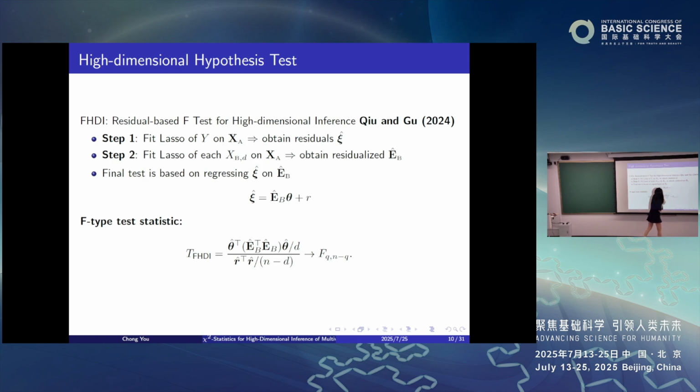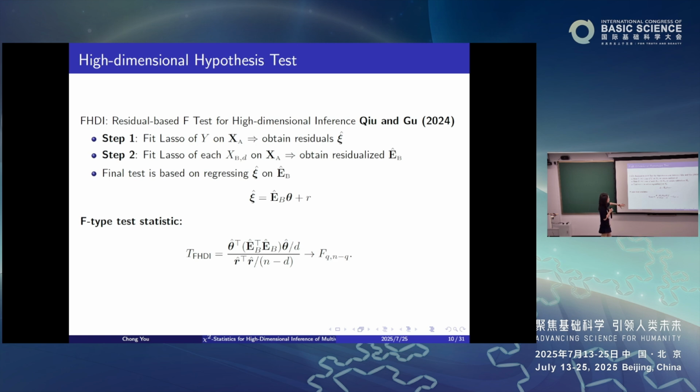The residual here you can consider as a cleaned version of xb after accounting for the effect of xa. Then you regress those two residuals. So you can consider this theta as the relationship between y and xb after accounting for all the effect of xa, the pure effect that xb contributes to y.